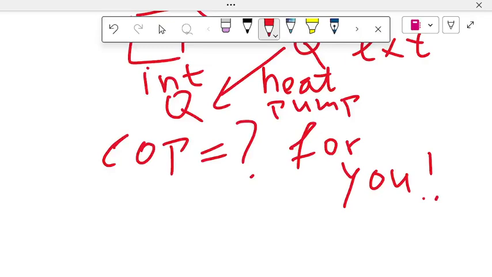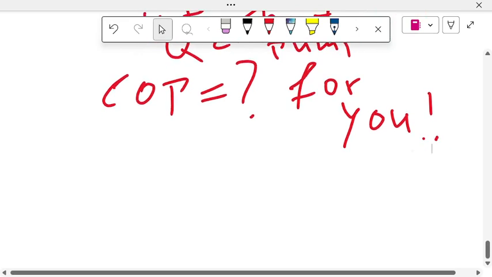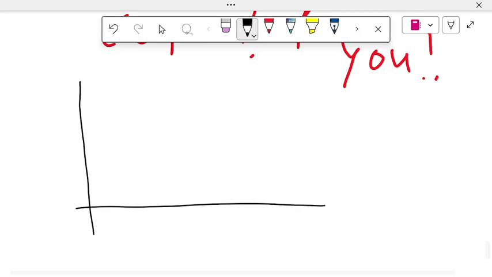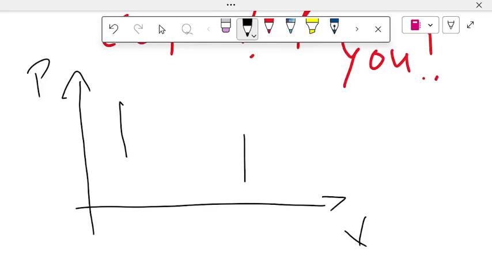So, I said that, in my point of view, the heat pump in the PV diagram, the Clapeyron diagram, is something like that. Very similar to the Otto cycle.